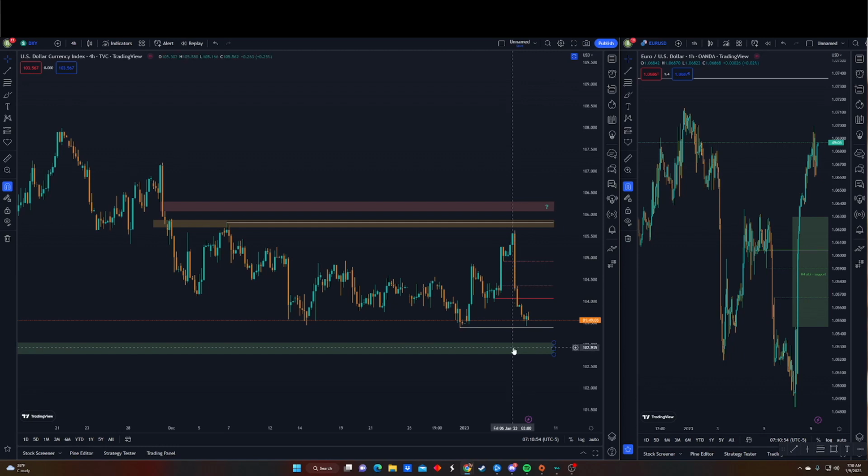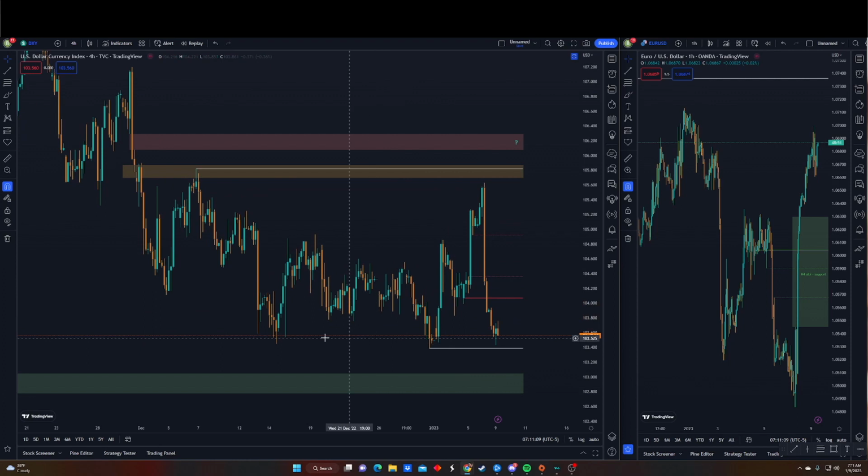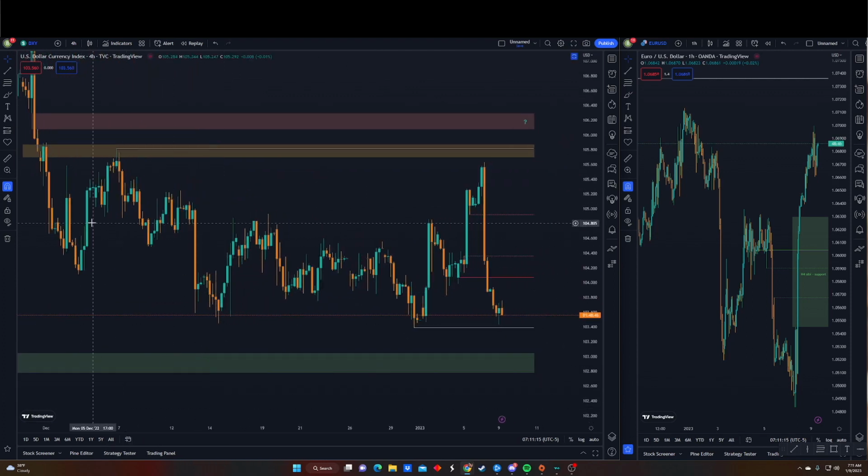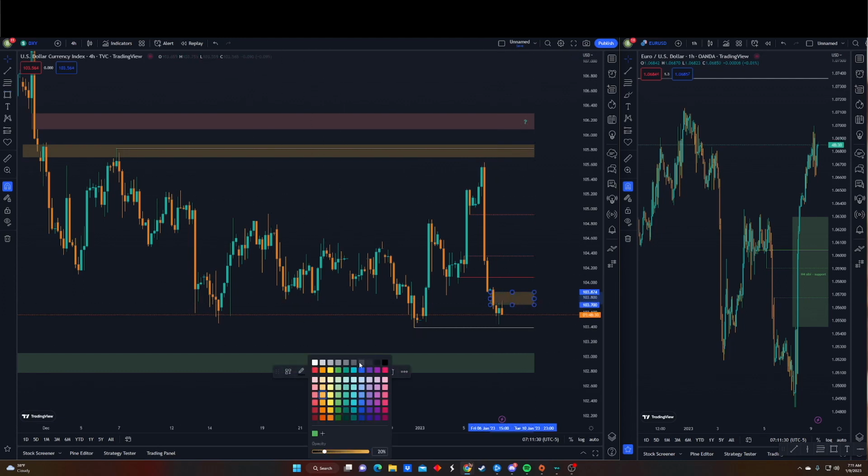This was Friday's trading on that down move. From here, we're filling in this fair value gap here. The CB. That has been filled.